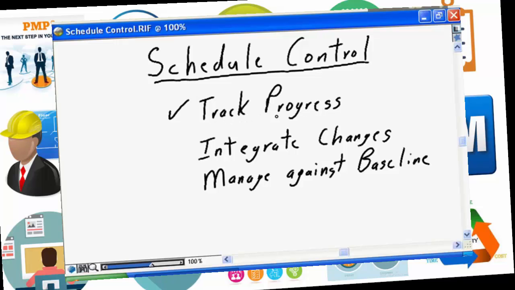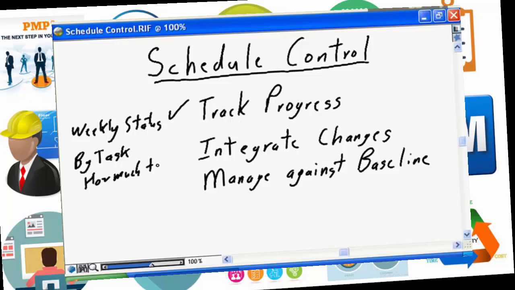The only way to do that is to get weekly status from each team member. And on that weekly status from each team member, you want to know by task, how much time this week, and how much to go.